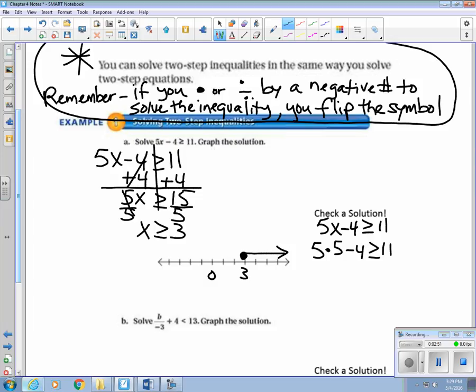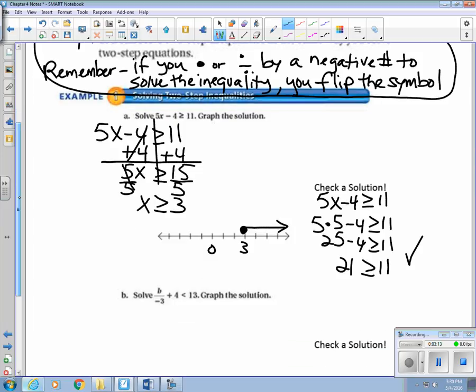So I'll go ahead and substitute 5 in for x and follow the order of operations. Multiplication before the subtraction, so 5 times 5 is 25. I have minus 4 greater than or equal to 11. Now I can go ahead and subtract. 25 minus 4 is 21, greater than or equal to 11. 21 is greater than 11, so that checks. So that means my arrow is going the correct way.